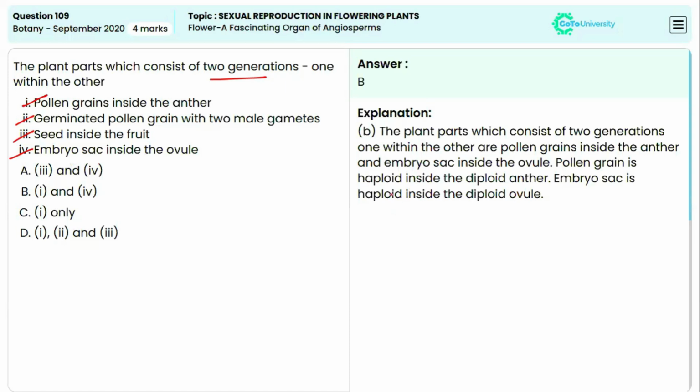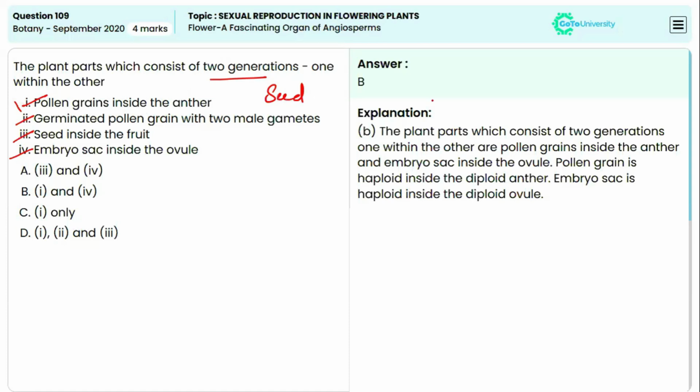So here we have the pollen grains inside the anther. The question is about consisting of two generations, one within another. Coming to pollen grains inside the anther, it will be a correct answer. Morphologically, the ripened ovule is known as the seed.